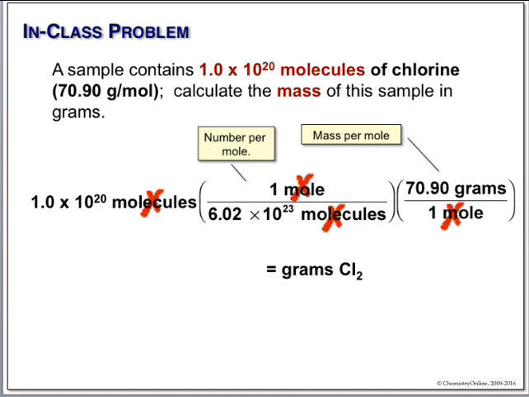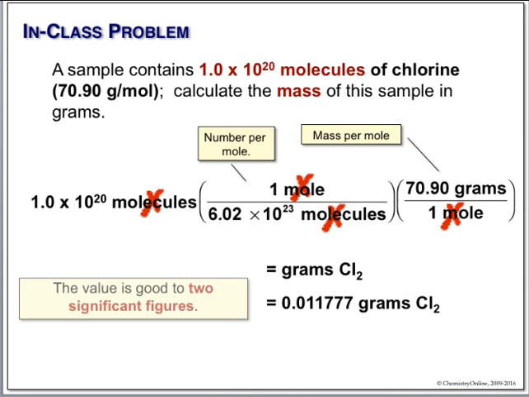That's why you love your calculator. And when you do that, you should get about 0.011777, but we only have two significant figures up here, so let's round this to 0.012, or 1.2 times 10 to the minus 2.